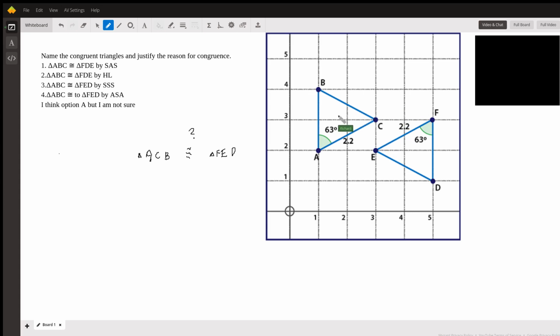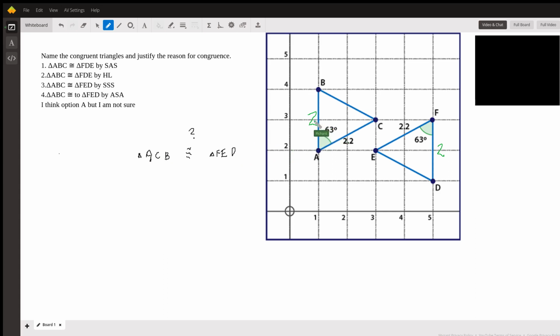Okay. Now if we look at AB, you can see here in the diagram, just change colors. You can see that this is 2 units here, and you can see that this is 2 units here. So BA, that's the first and the last, is clearly congruent with FD.